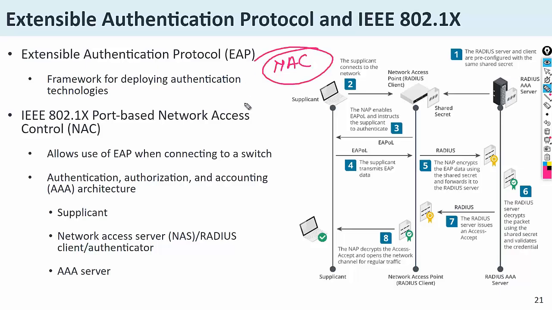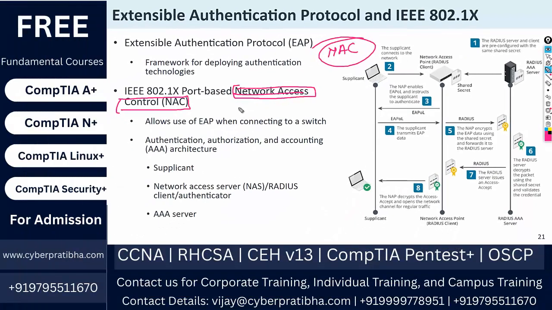What is NAC? Network Access Control. Who is controlling the network accessibility? Network accessibility means who will be authorized to access this network and who is not authorized. This type of authentication happens based on EAPOL packets.